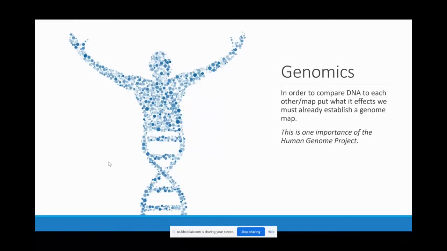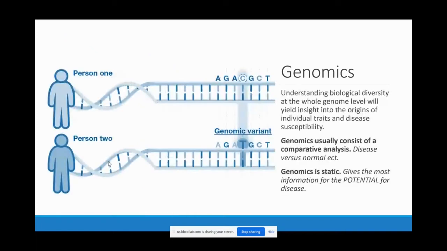The whole thing that sparked genomics was we first mapped out the human genome. We know all of the genes that exist in their potentiality in a human, and then we can compare any of the DNA that we collect from a human to that map. So genomics needs to have this kind of already established roadmap in place for you to then compare to.